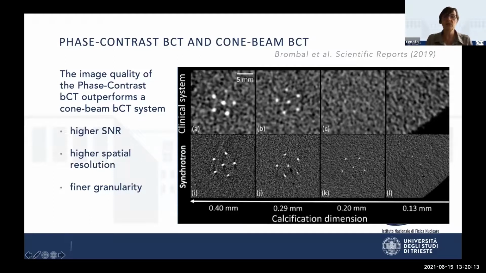As an example, here you see the visibility of the calcification, and the improvement is quite evident. And generally speaking, we observed higher signal to noise ratio, higher spatial resolution, and finer granularity. If you are interested in the detail, this paper is open access, so you can find it easily.